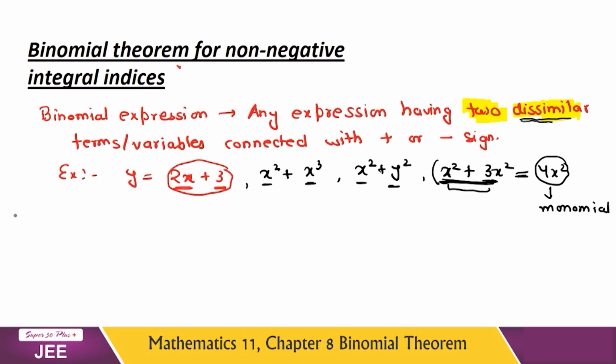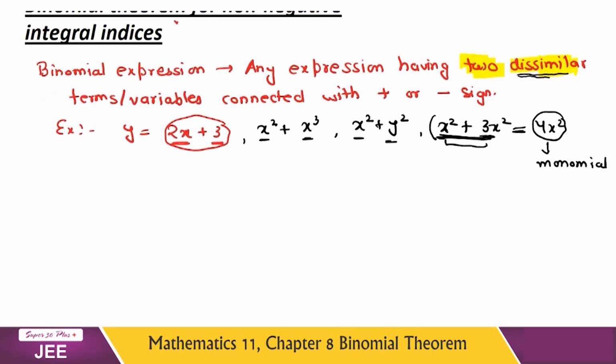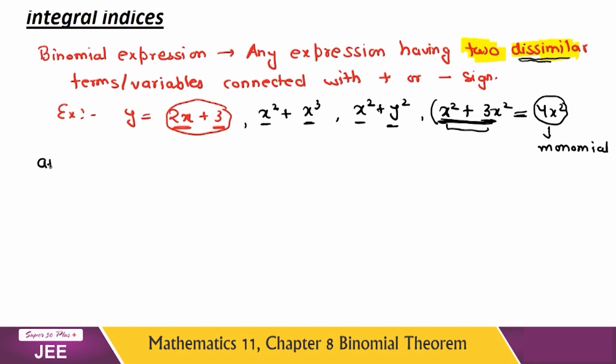Let me take you to earlier classes in which you memorized some identities like (a plus b) whole square and (a plus b) whole cube. If I write them down one by one, (a plus b) raised to the power 0 will give us 1, under the condition that a plus b is not equal to 0, because any finite quantity other than 0 raised to the power 0 gives 1.